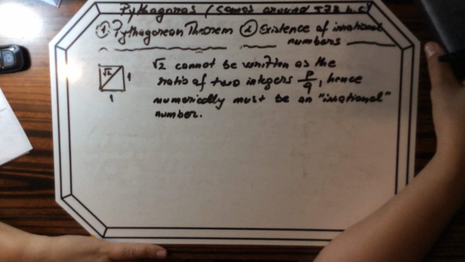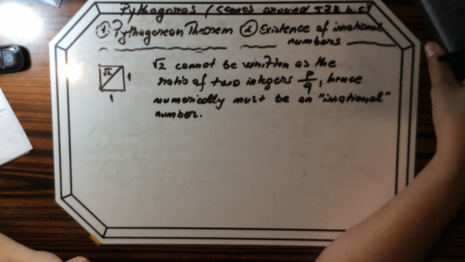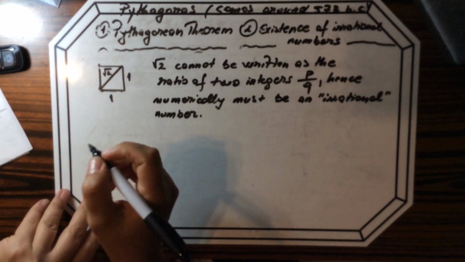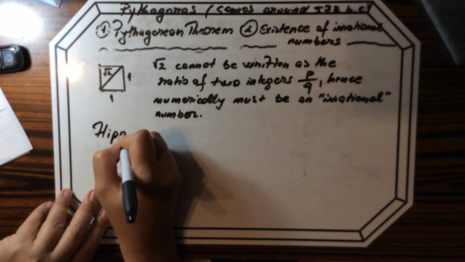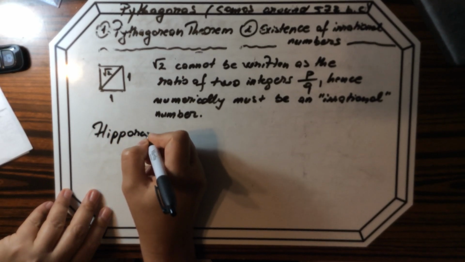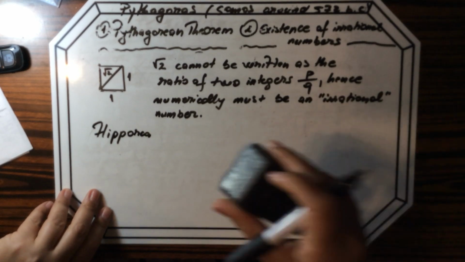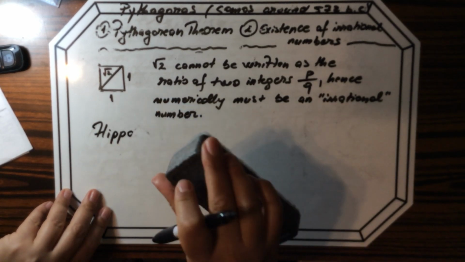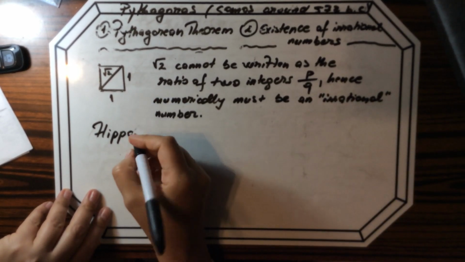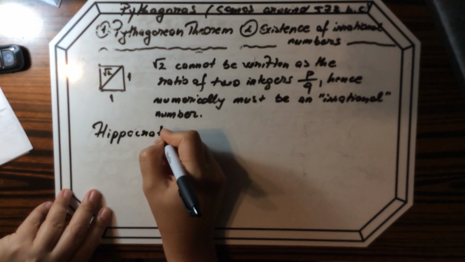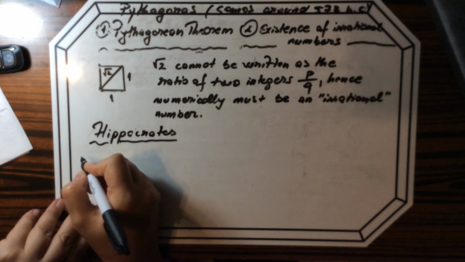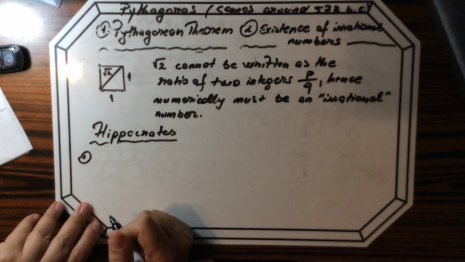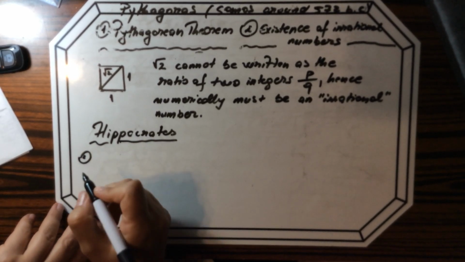Hippocrates is remembered for two contributions to geometry. So Hippocrates, let me just write this. Okay. It is known for, as I said before, two contributions to geometry.